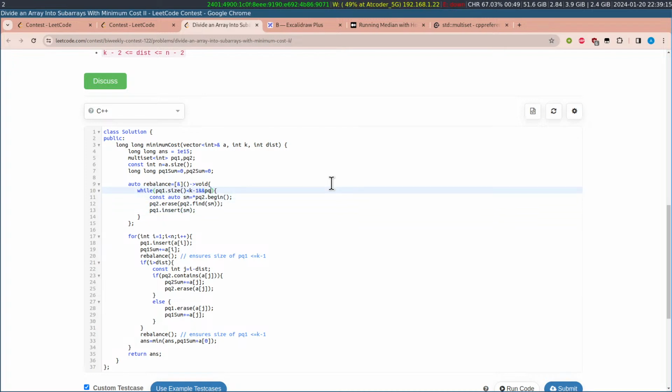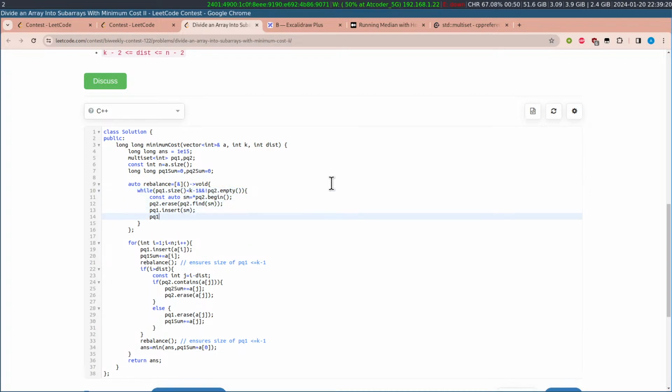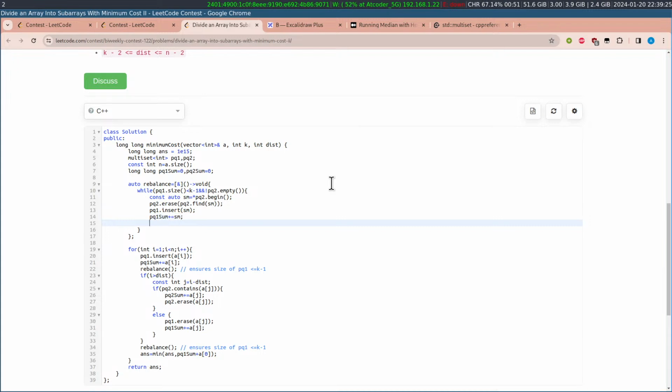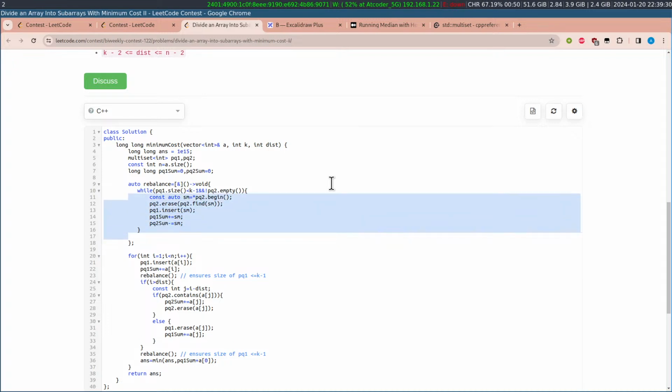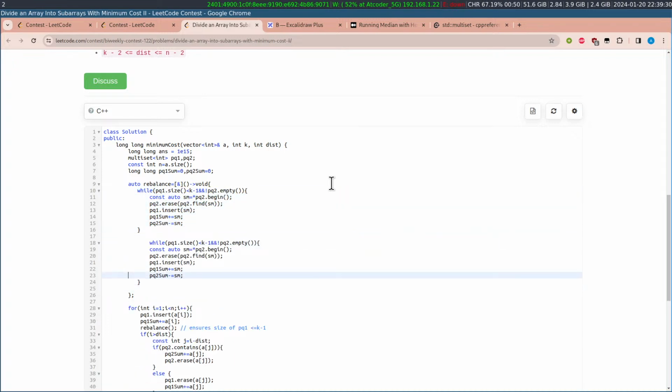And then if PQ2 still has elements, and if the size is greater than k, then we have to move the largest element to PQ2.